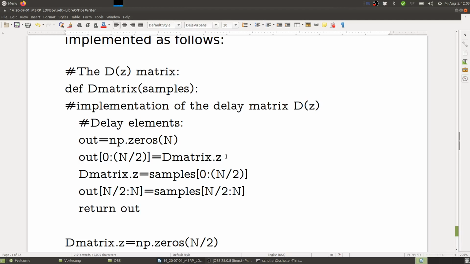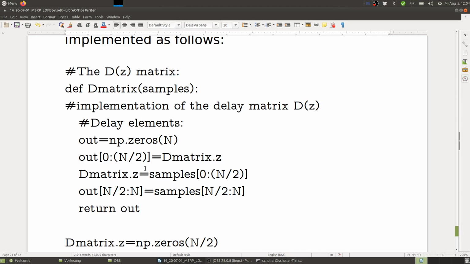So this is a memory element, dmatrix.z, which you can see actually initialized down here below this function. dmatrix.z is an array which contains n over 2 entries starting with zeros. So the first time it's called, it's initialized with zeros.